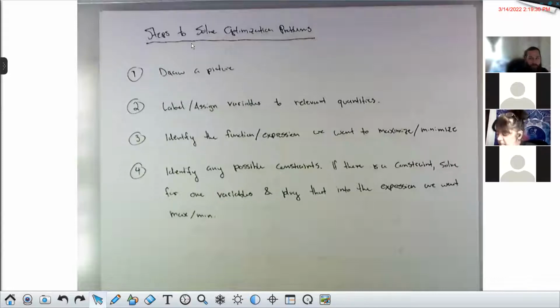And then from here, it's a straight up calculus thing, right? Take the derivative, find the min or the max.